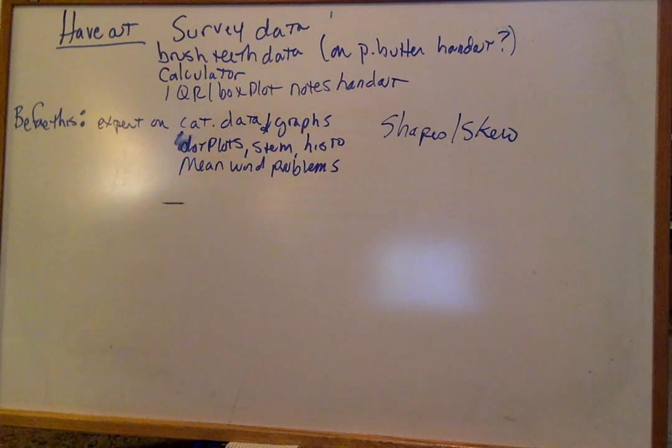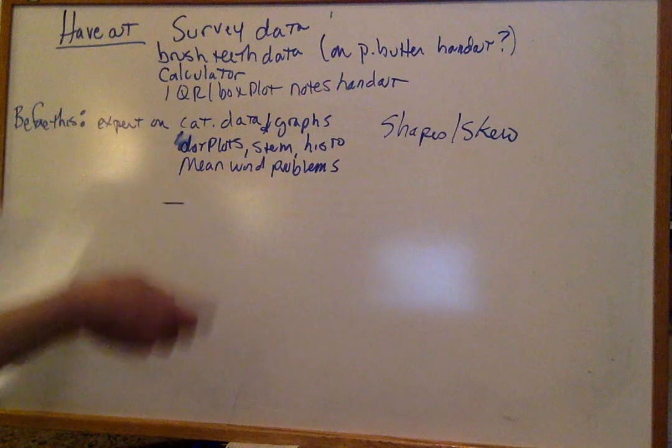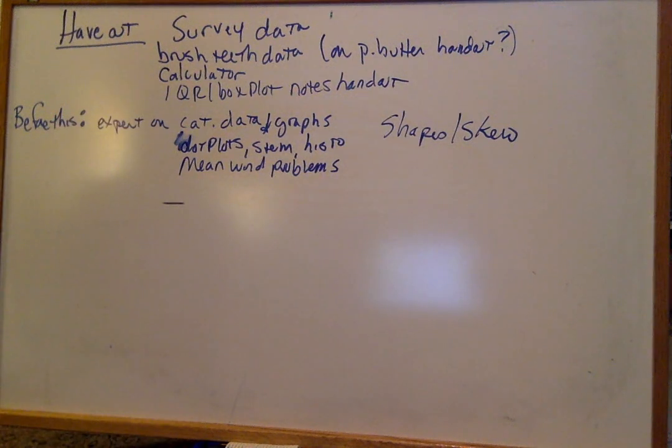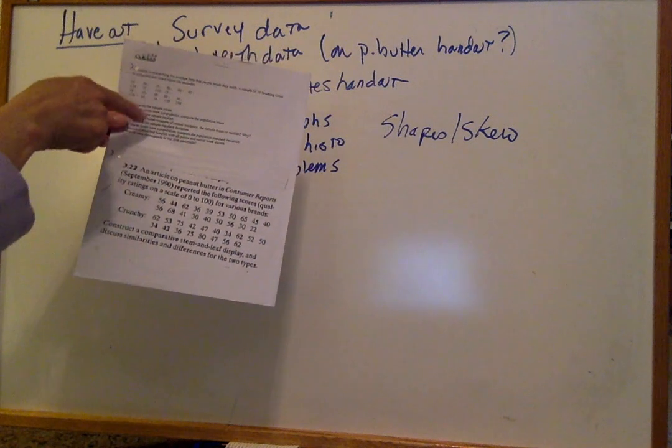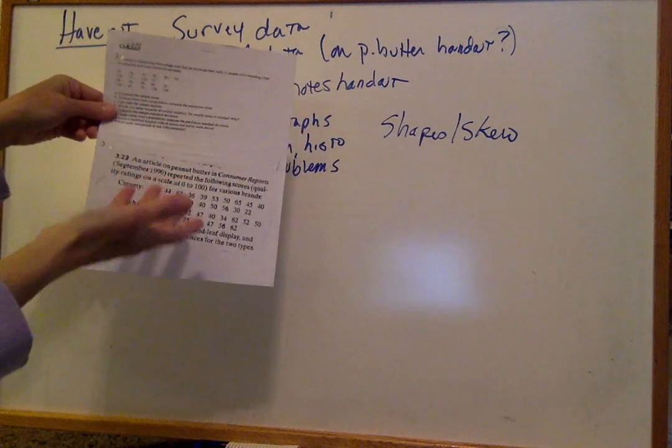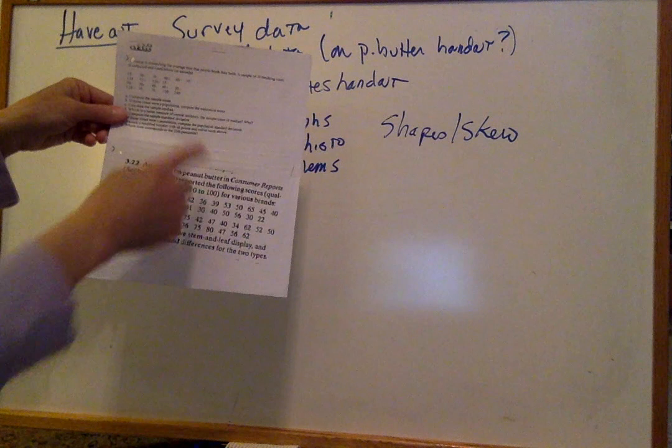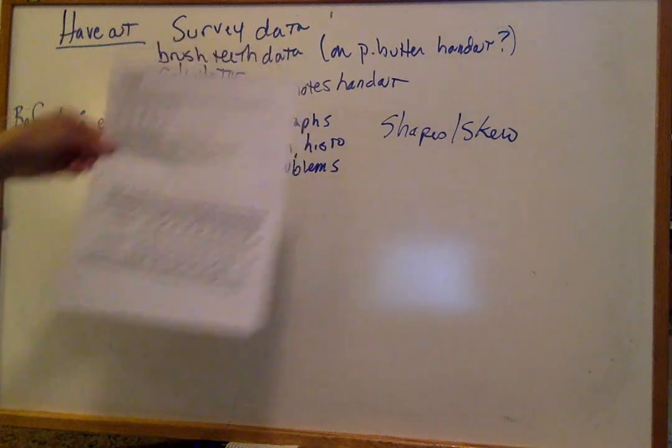To recap where you should be and what you need to get the most out of this video, you need your survey data out. You need your dentist brushing the teeth problem. This is my personal sheet, but I think I Xeroxed it for you above the peanut butter sheet.